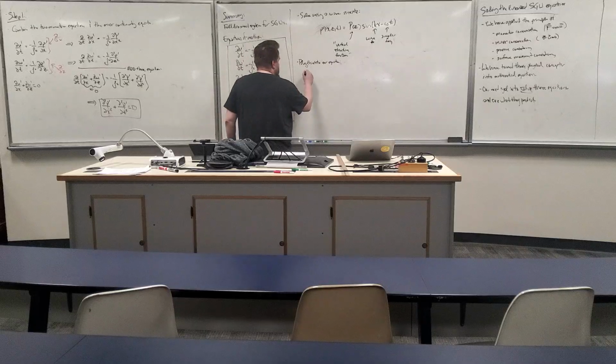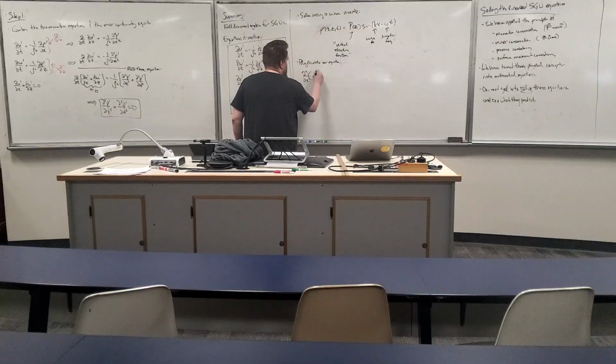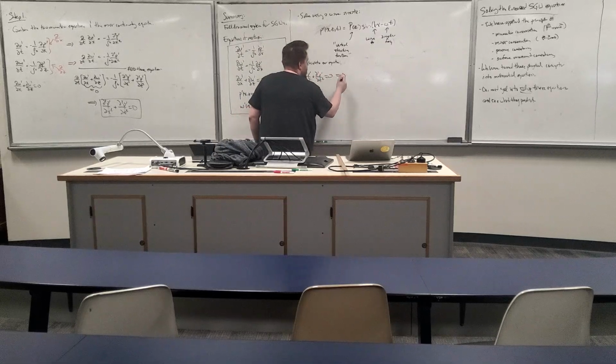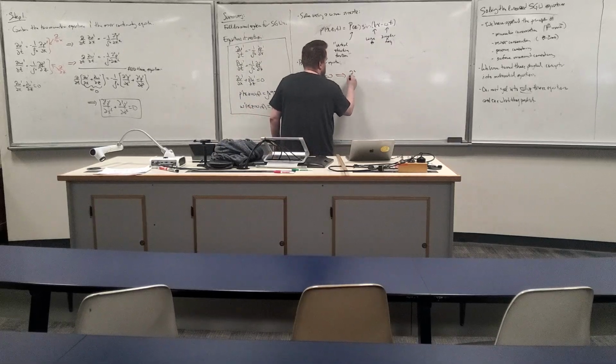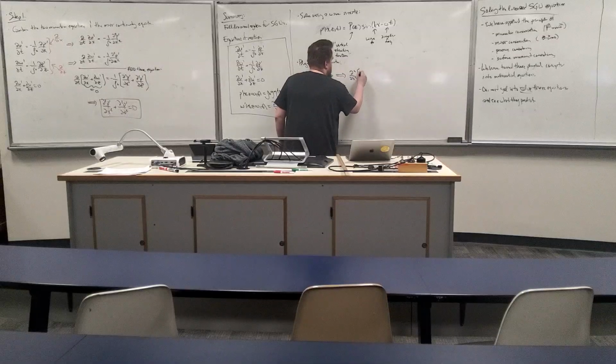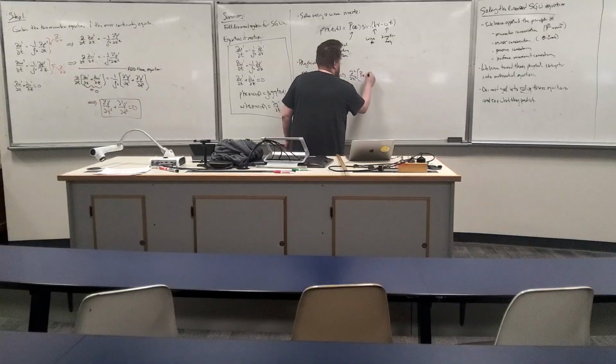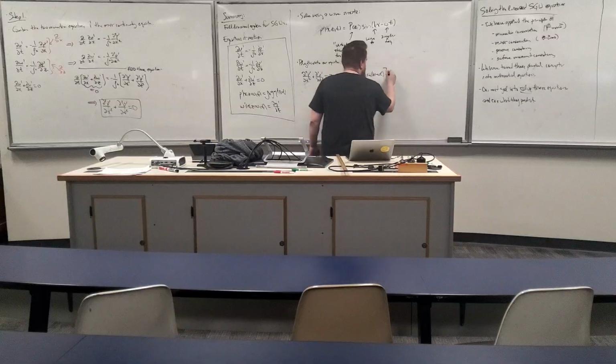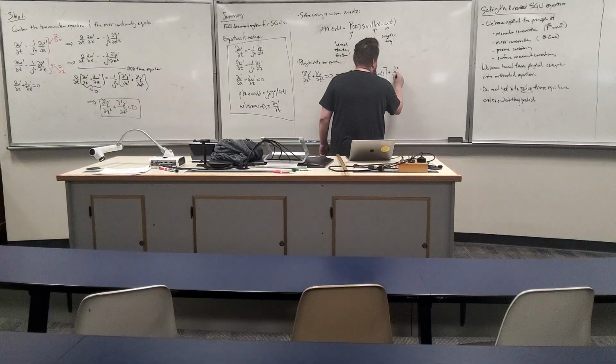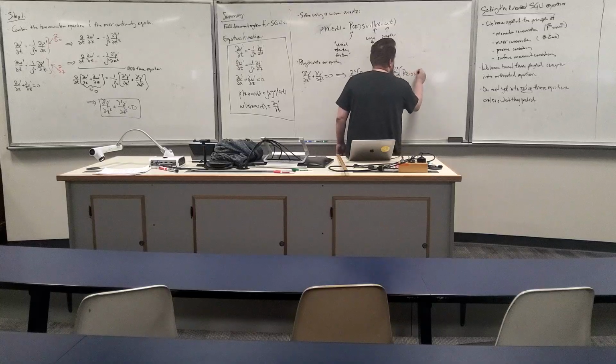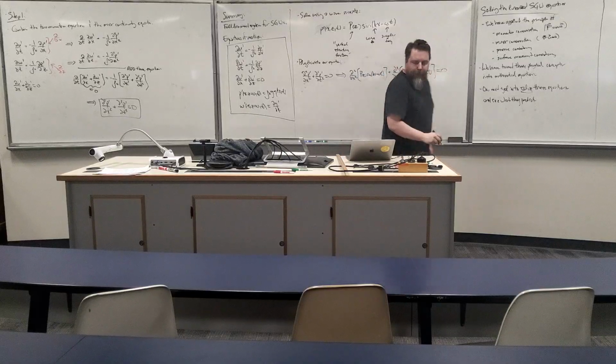Okay, so we had d squared p prime dx squared plus d squared p prime dz squared equals 0, which implies d squared by dx squared of P of z sine kx minus omega t plus d squared by dz squared of P of z sine kx minus omega t equals 0.